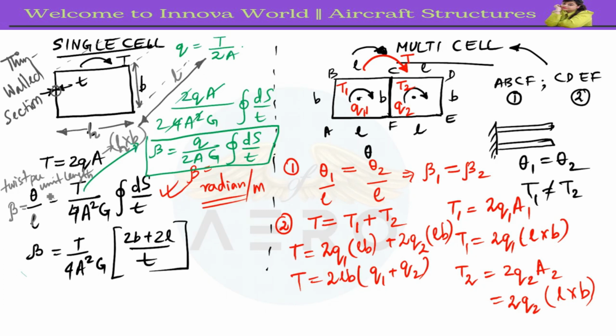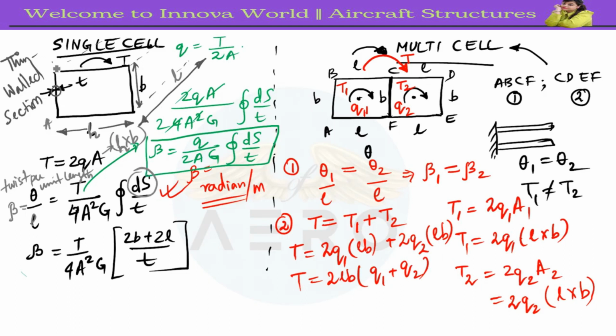Now how can we define it? It can be defined as T by 4A squared G times the closed integral of ds by t. To find this ds by t, we have to see which kind of cell it is.